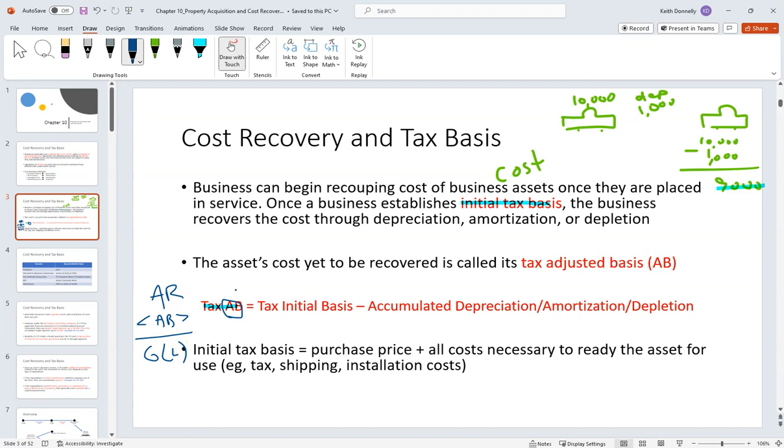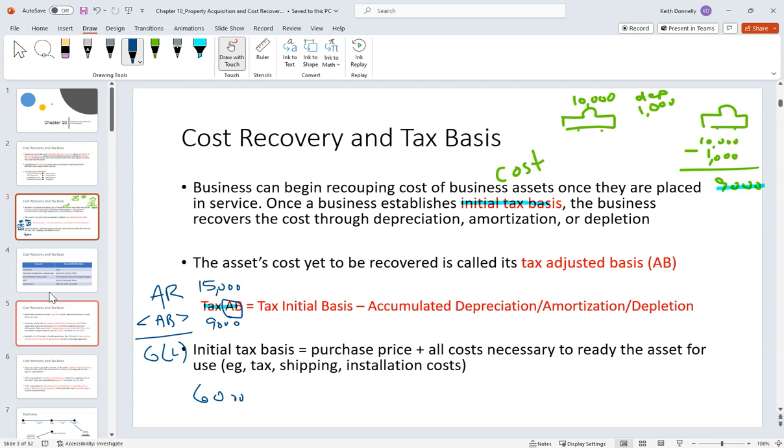So maybe you sell this car for $15,000. Maybe it's a DeLorean or something, and there's a Back to the Future movie and it goes up in value. Hey, your carrying value, your adjusted basis, is $9,000. Accordingly, you have a $6,000 gain.